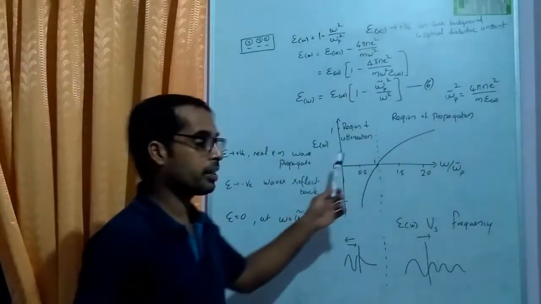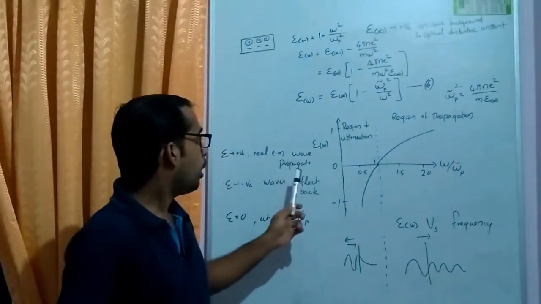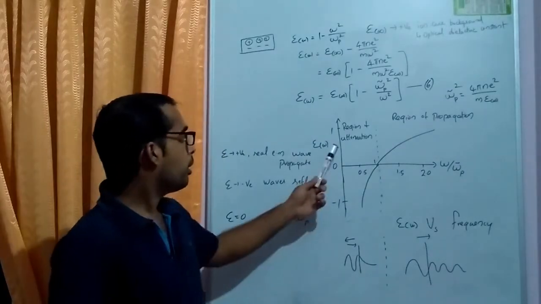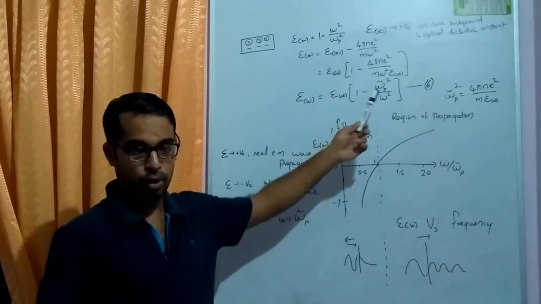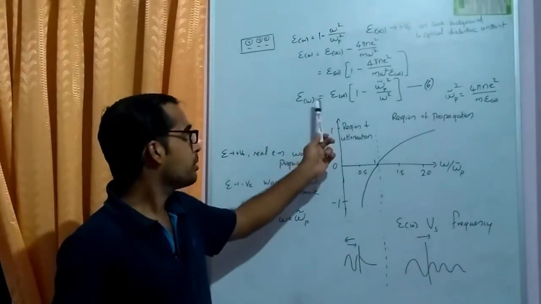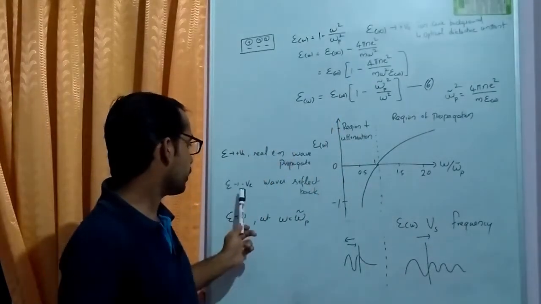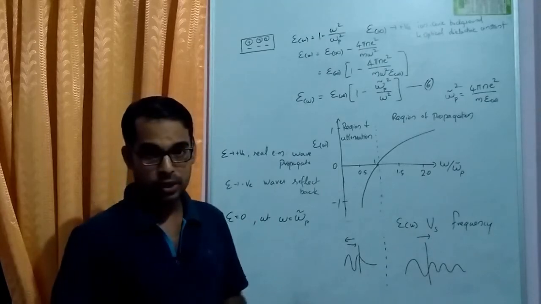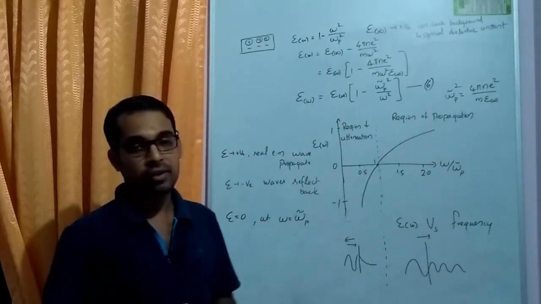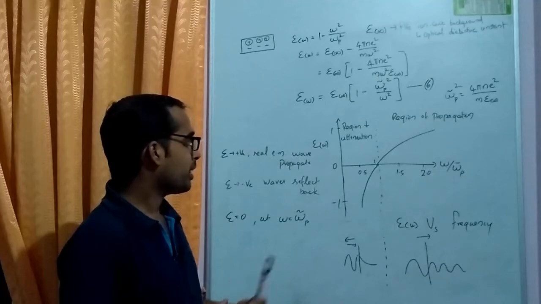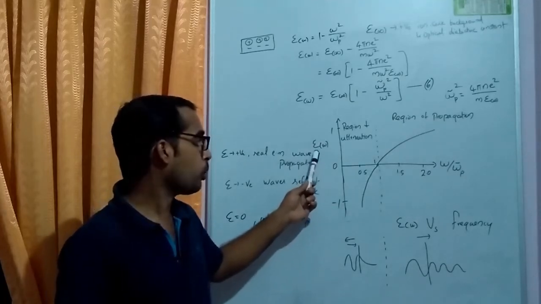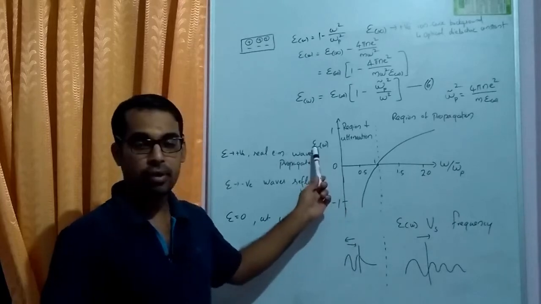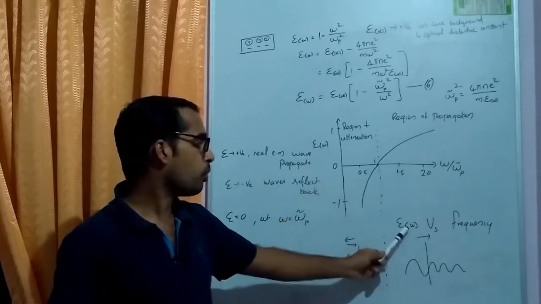This is the region of propagation. When omega_p is greater than omega, epsilon will be a negative quantity, so in that medium the electromagnetic wave will be reflected back. We can draw the dielectric function epsilon(omega) as a function of frequency.